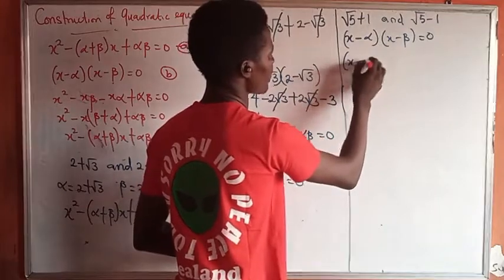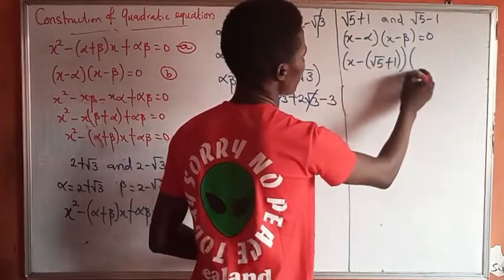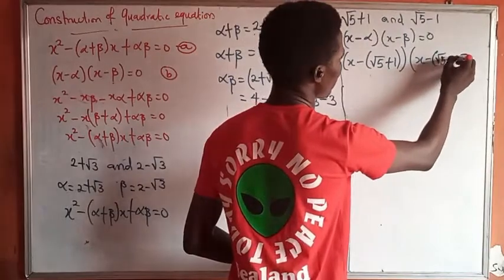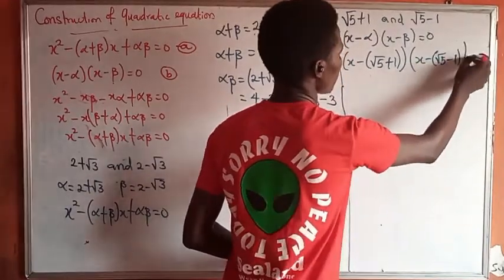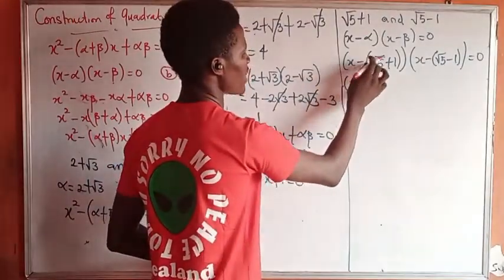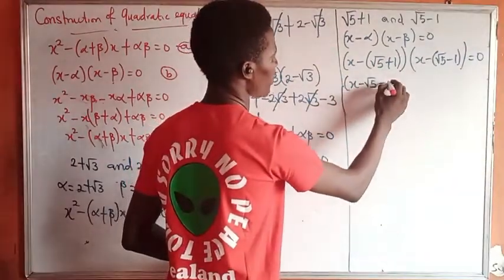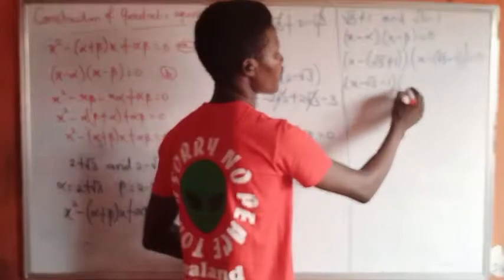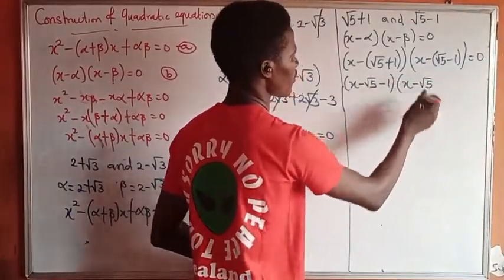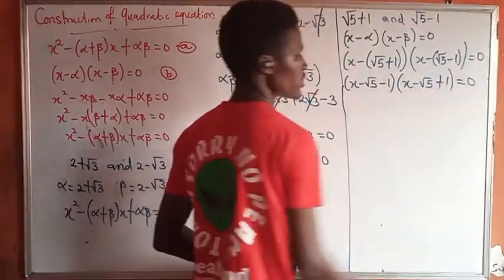So that will be x minus open bracket root 5 plus 1 close bracket, then x minus open bracket root 5 minus 1 close bracket equals 0.